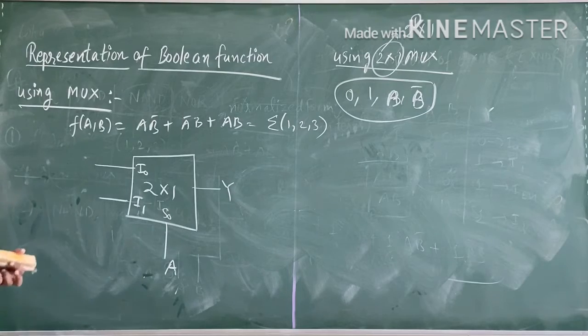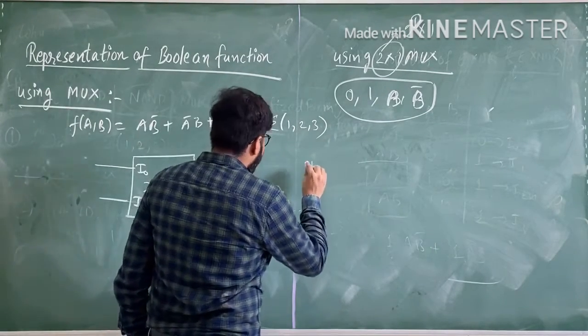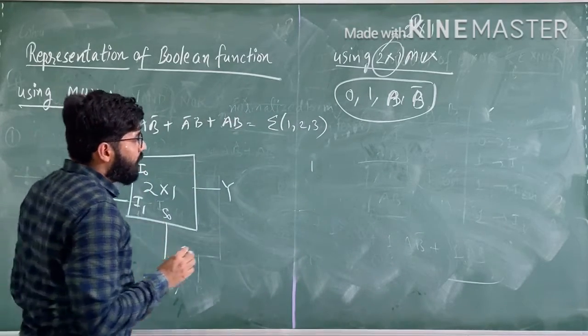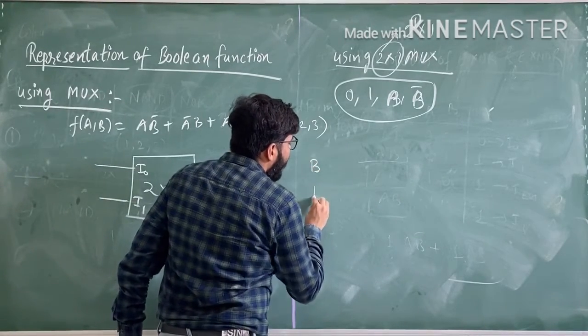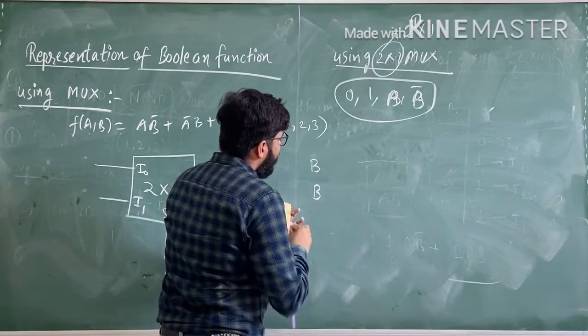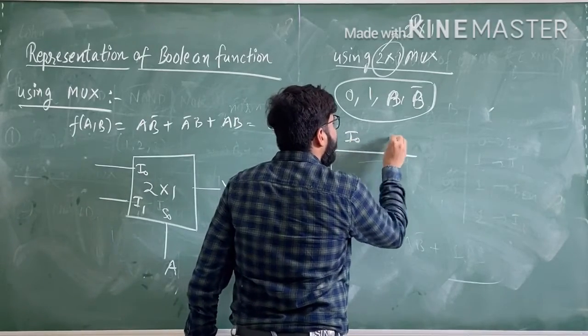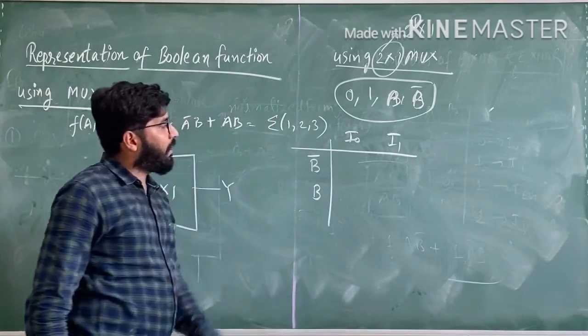So how will you represent this? See, suppose you let S0 is A, then you represent here B and here B complement. You have to put B complement here and B here, I0 and I1. Okay, you have to make a table.